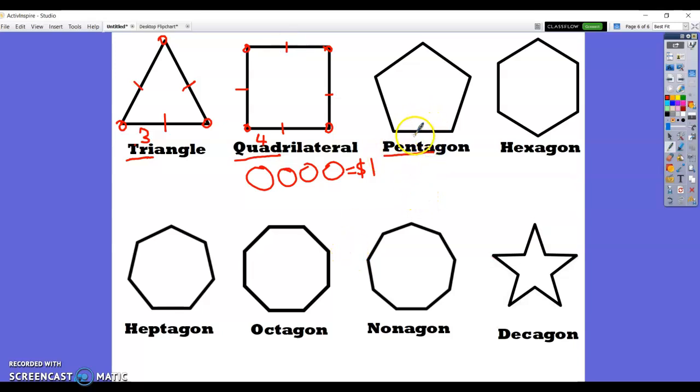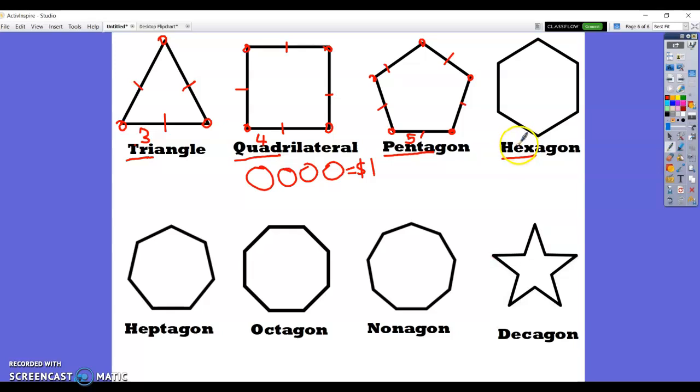Pentagon. Penta means 5. 1, 2, 3, 4, 5 sides. 1, 2, 3, 4, 5 vertices. This is a hexagon. To make a connection for you, think about all the number words 1, 2, 3, 4, 5, 6, 7, 8, 9, 10.